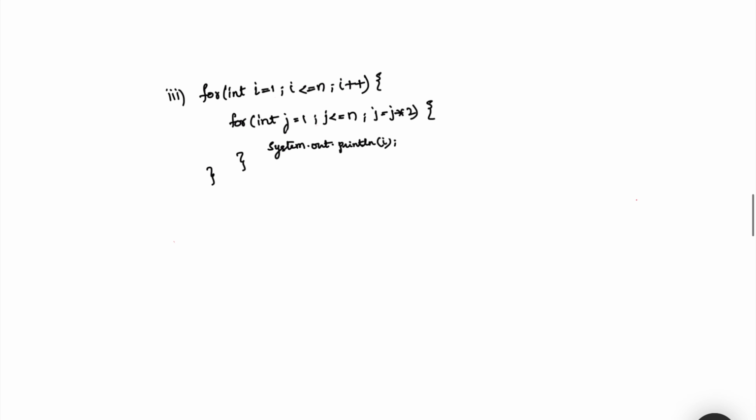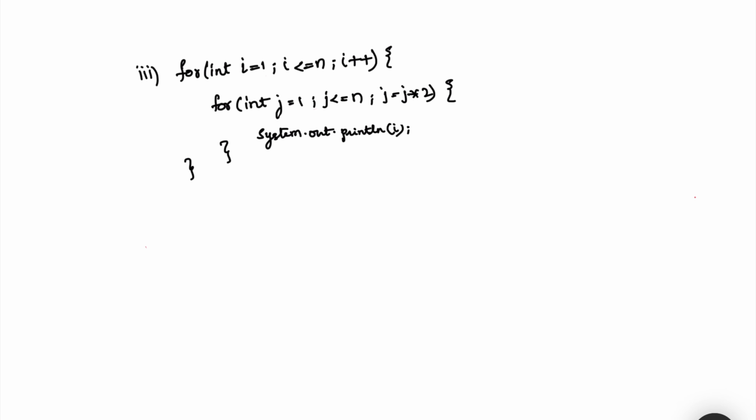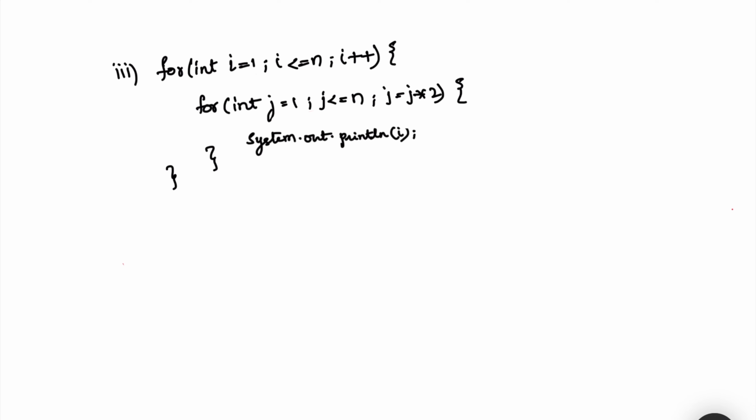So now we have the third example. Here again we have two for loops. By seeing it instantly we might guess the time complexity is Big O of n square like the previous one, but not. Let's take a simple example, again n equal to 5 as our input size. When i starts from 1 and goes up to n, that means 1, 2, 3, 4, 5.